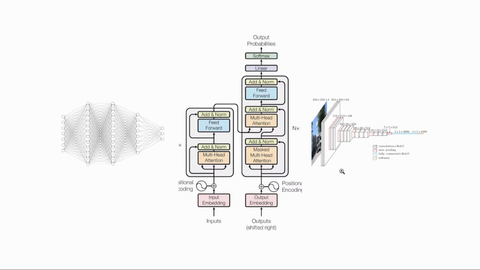But firstly, here are a few diagrams of different neural networks, different ways you might see them drawn. If you see any of these three things, you're looking at a neural network. Over here, this fully connected network. Over here is a certain type of neural network I'll talk about in a second. And over here is a drawing of another type of neural network for processing images, a convolutional neural network.